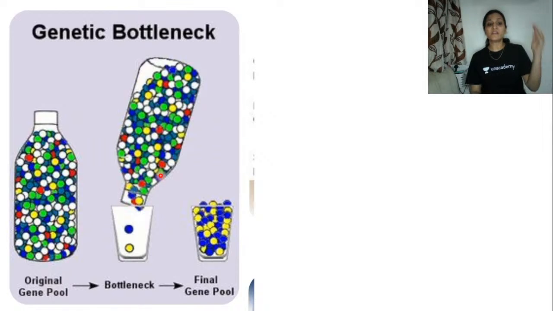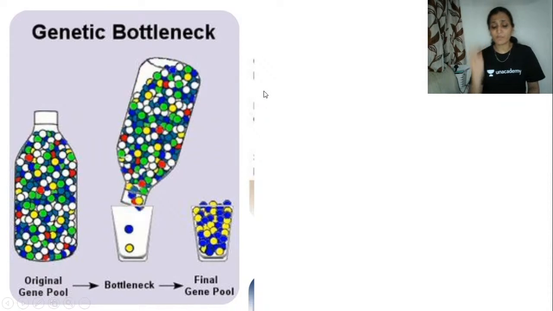So in the bottle, red, green and white along with blue and yellow are there, and in the glass there are blue and yellow only. So this tells us that the bottle has a large amount of population variation.